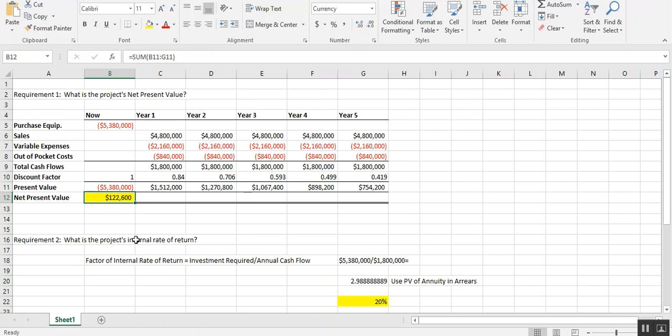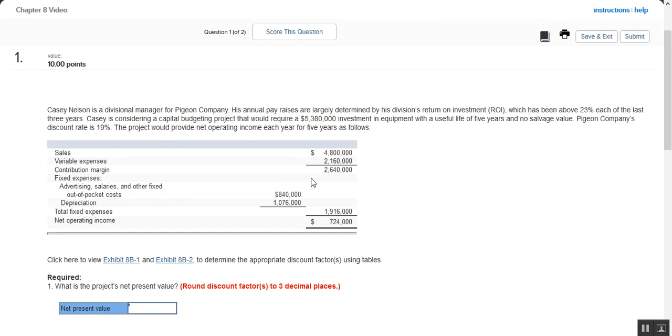The other thing the company could look at is their internal rate of return. We calculated an internal rate of return of 20%, and if we go back over to the question, it says the company's discount rate of return is 19%. So that internal rate of return is actually greater than the 19%.